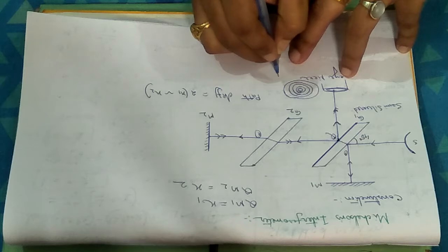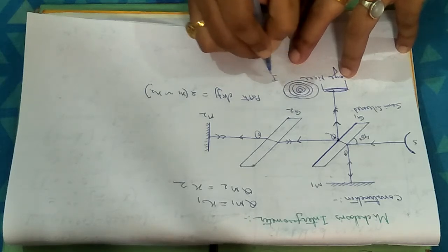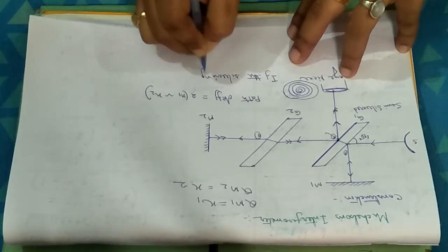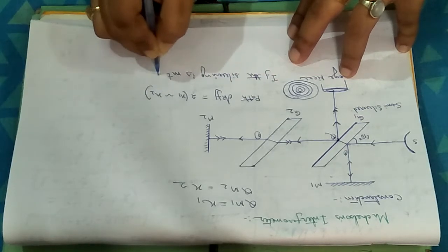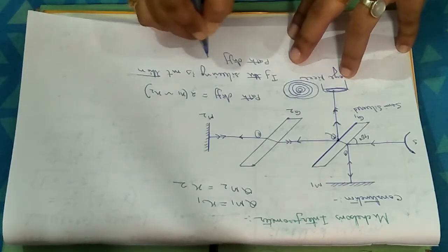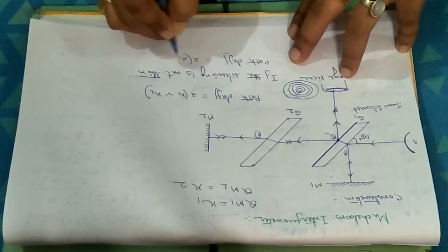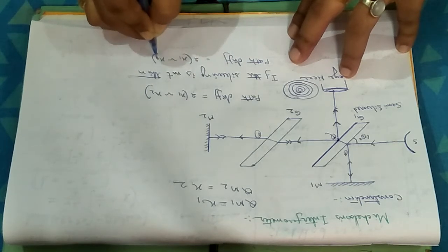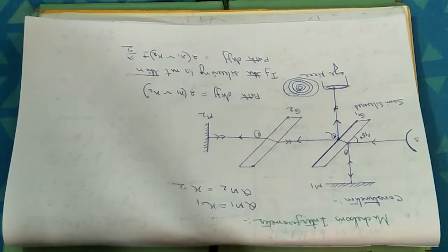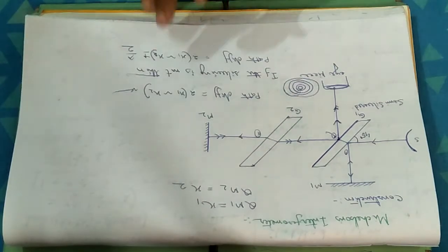So I should write here that if the silvering is not thin, then the path difference is to be considered as 2 into x1 difference x2 plus minus lambda by 2. Understood? So for simplicity of calculation, I am considering as of now that the silvering is thin enough, and because of the thin silvering I am getting only the path difference like this one.